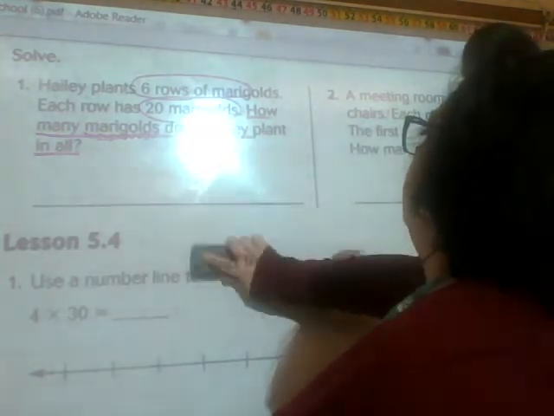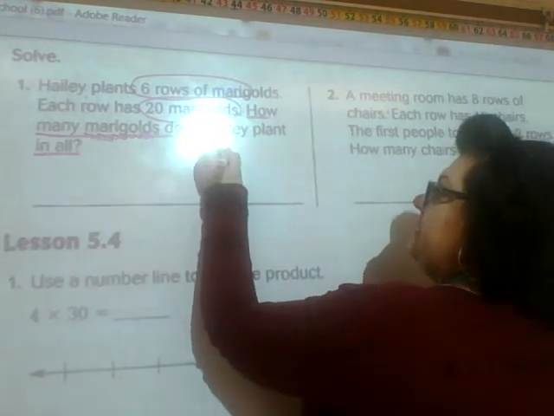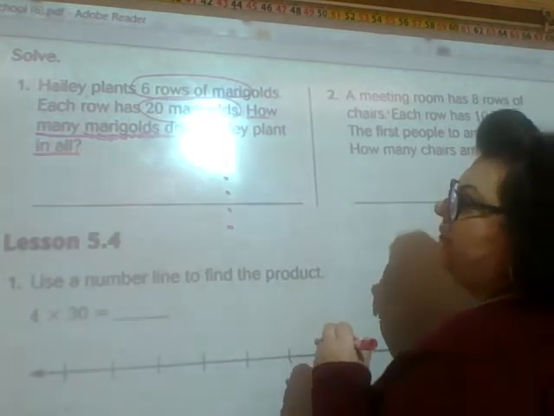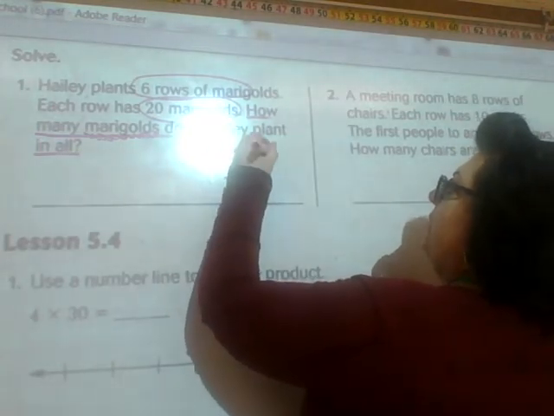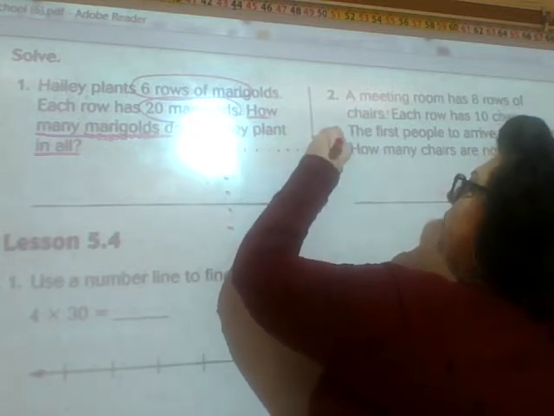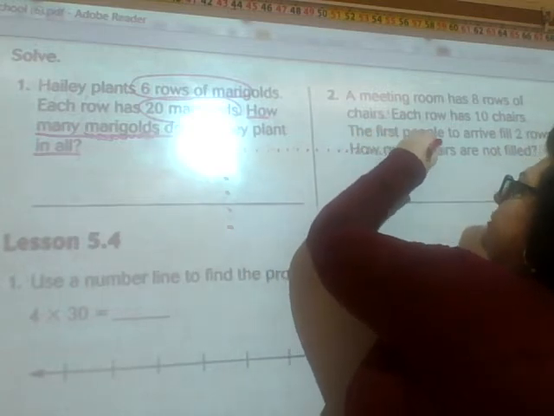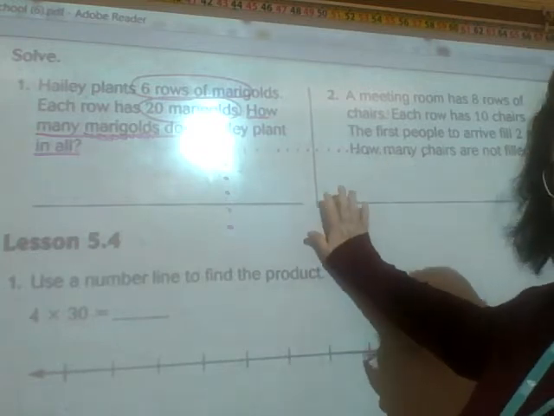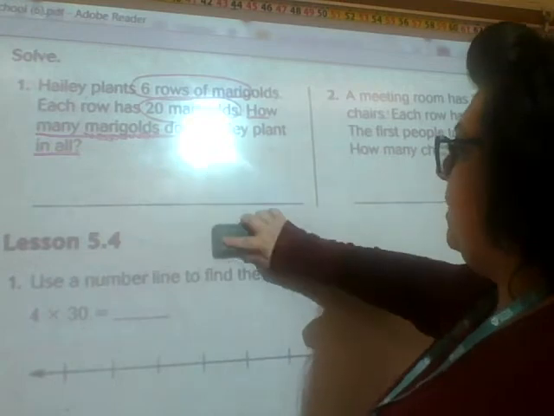Or we could do 6 rows of 20. I would have to make sure 20 was in all 6 of these rows, so you can see how long that would take me.